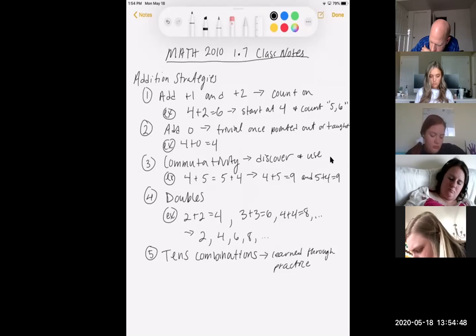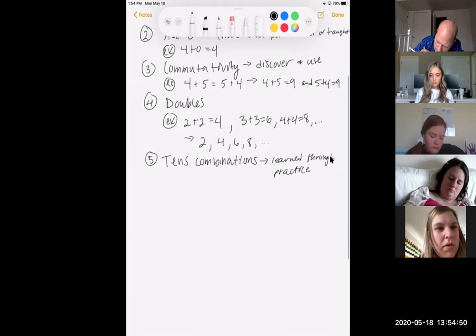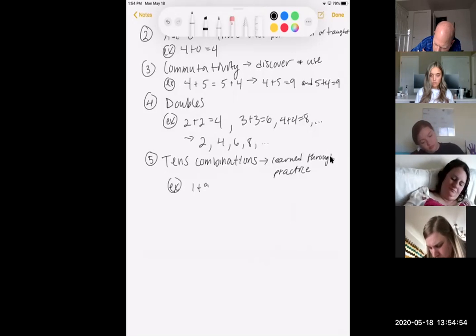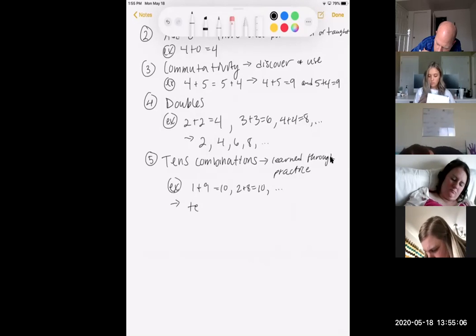One activity, well, let's go ahead and see what they are here. So they're 1 plus 9, whatever equals 10. 2 plus 8 equals 10, and so on. One activity you can use are tens frames.